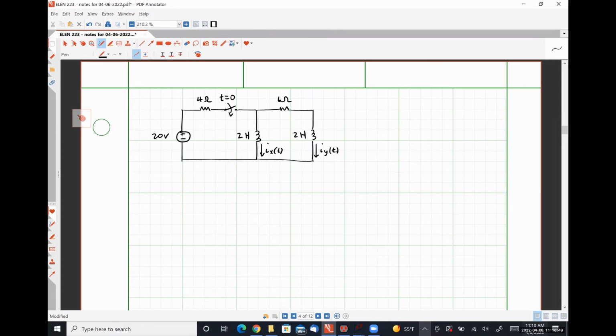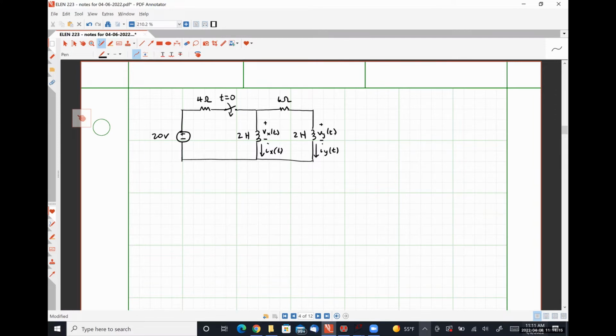And our goal is to get a second order differential equation in terms of only Ix or only Iy. All right. And while we're at it, I'm going to call this voltage Vx of t, and I'm going to call this voltage Vy of t.